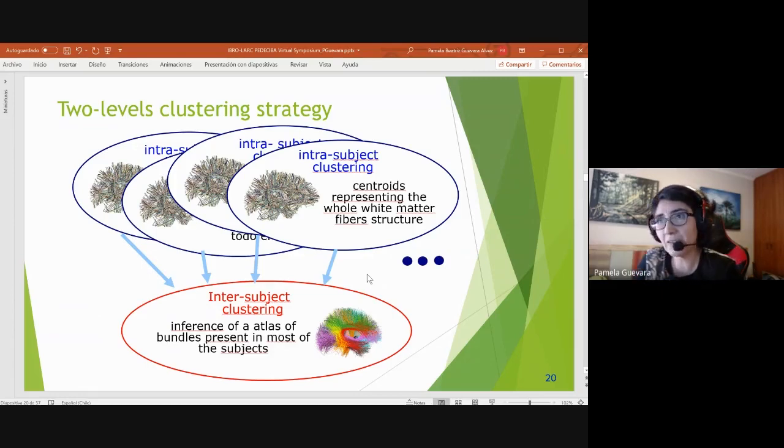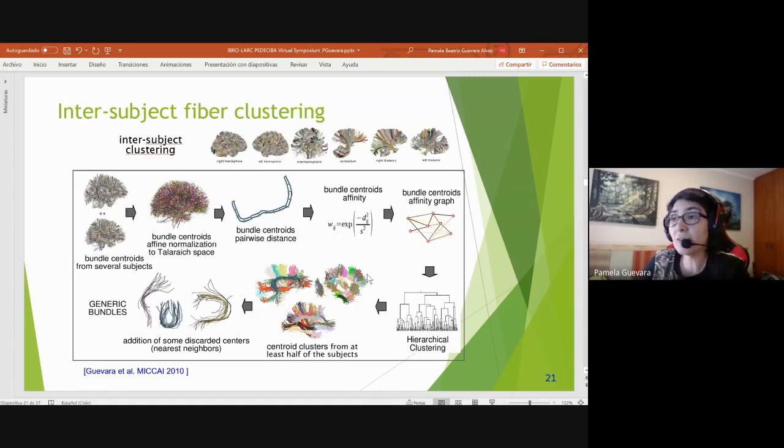I'll show here one approach that we did, but there are a lot of approaches. Here we apply the classical clustering that I showed you, the hierarchical clustering, but it works very well with this kind of data. The only thing here is that to find a cluster is not enough to say that it is representative of the population.